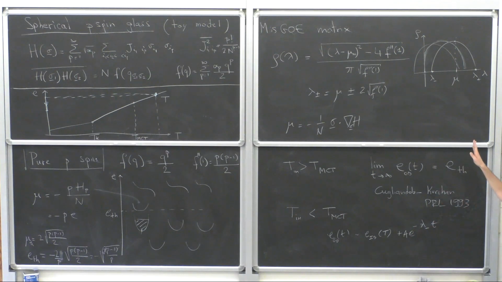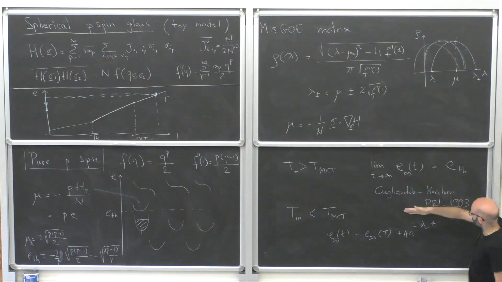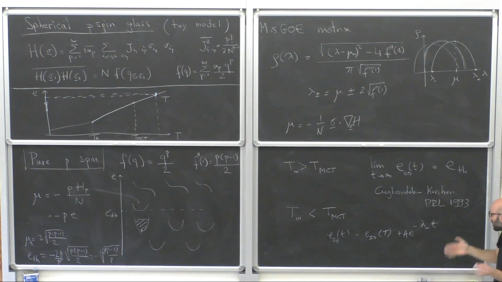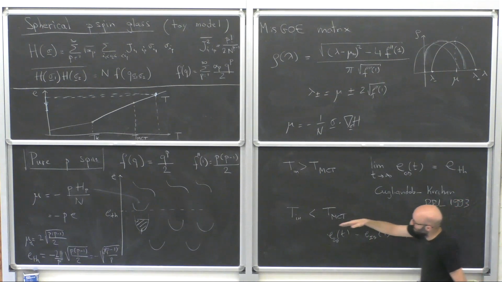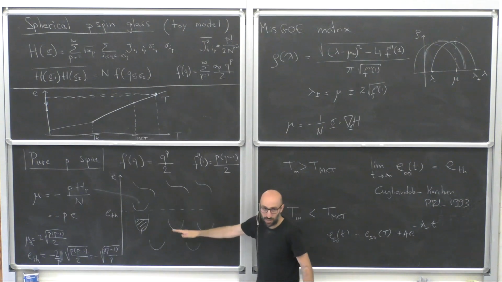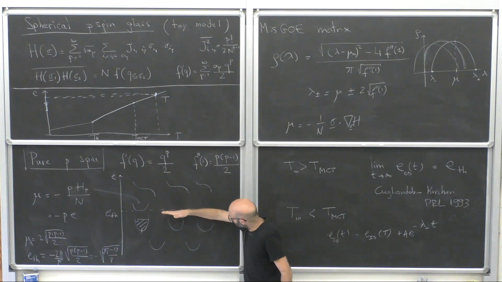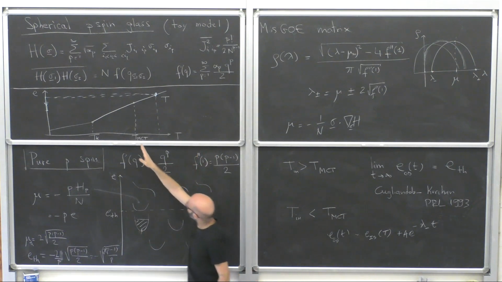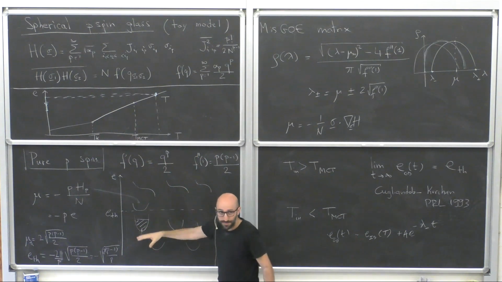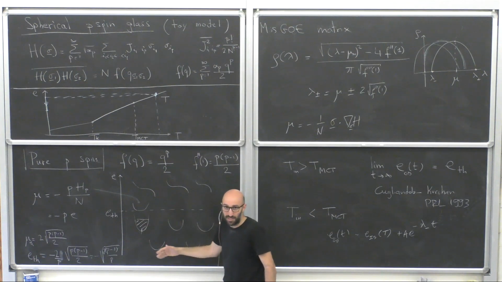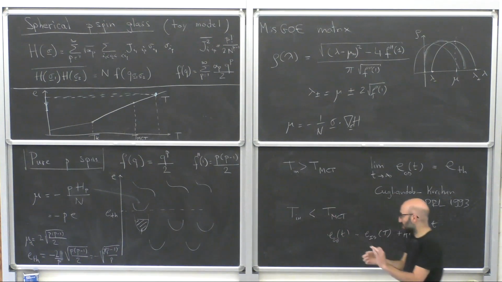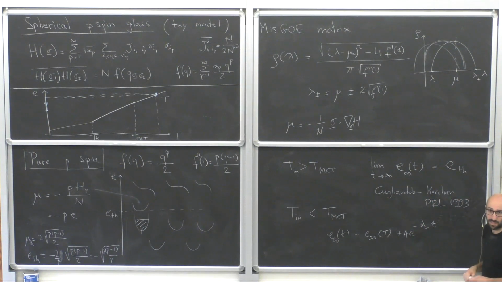So lambda minus is the edge of the spectrum. It will control the relaxation to the minimum. It's because it's harmonic here. And this is a temperature that is below the threshold and depends on the temperature of the initial state. Because when you change temperature, and if you're able to go below T_MCT, you go to deeper and deeper states. So when you do gradient descent, you just relax to the bottom of these states.